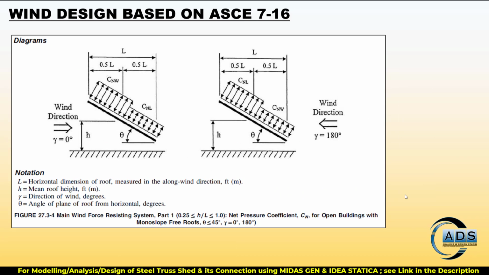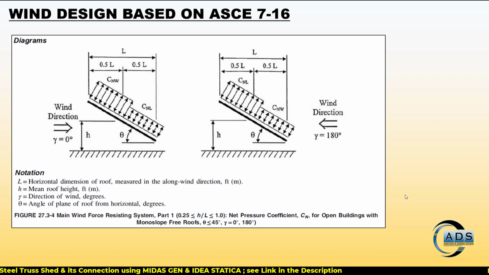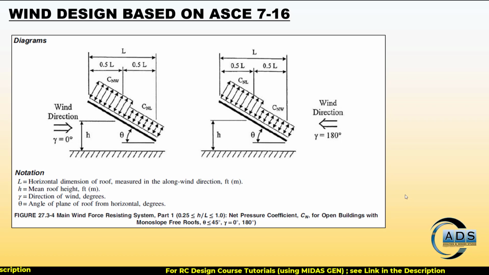So this is the figure 27.3-4 in which it is shown the monoslope roof and the coefficient diagrams and the wind load diagrams and all wind directions. So there are basically two main wind direction that is to be considered while designing these type of structures.